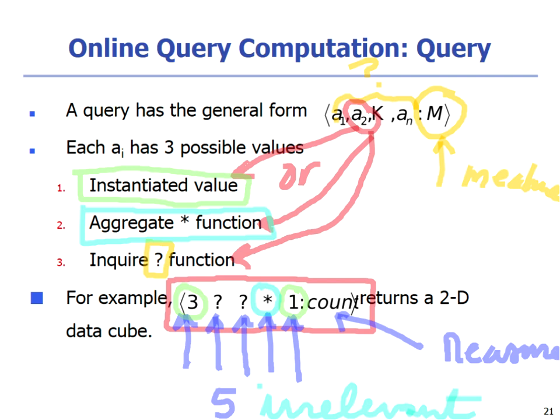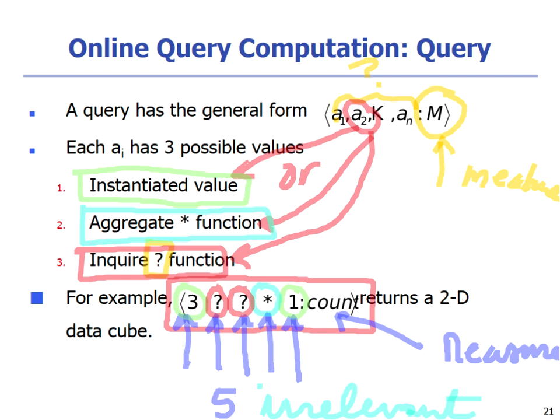Okay, and after that the second and the third are inquired. So here we have the second and third. For this reason, the result of this query will be a subcube that computes all possible value combinations of the inquired dimensions.